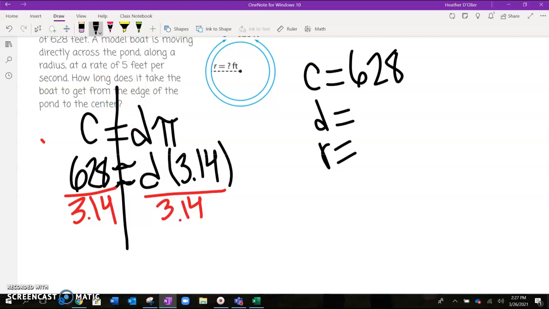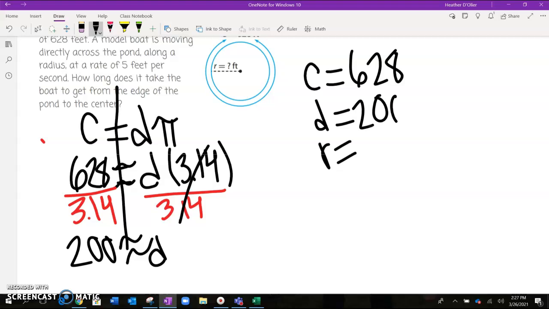Now I can do this. 3.14 divided by 3.14, that's 1. So the diameter is approximately, I'm using my calculator, 628 divided by 3.14 equals 200. I got the diameter.